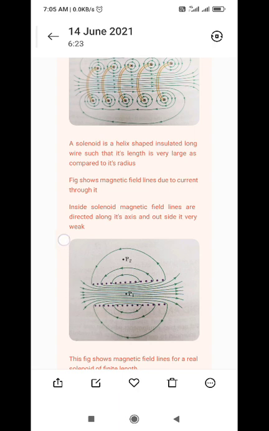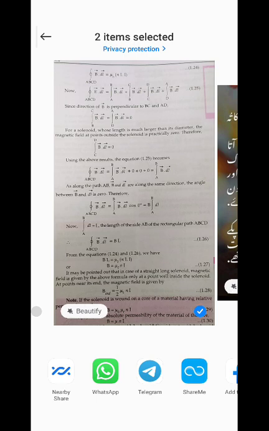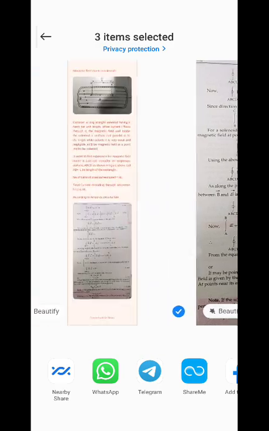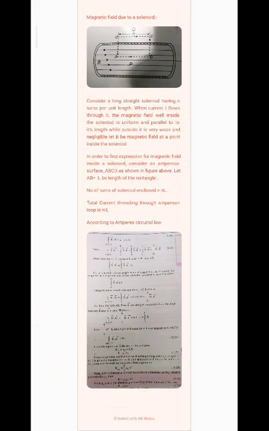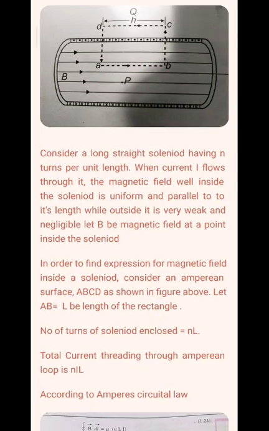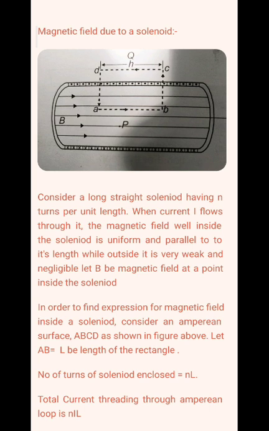So now, to find its field, let us consider a solenoid, and let us take an Amperian loop ABCD.